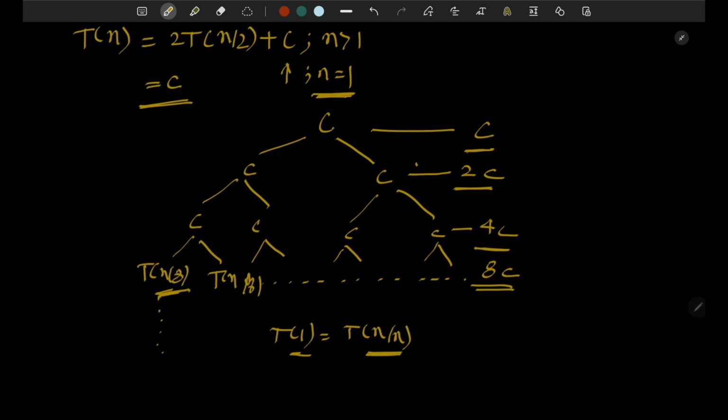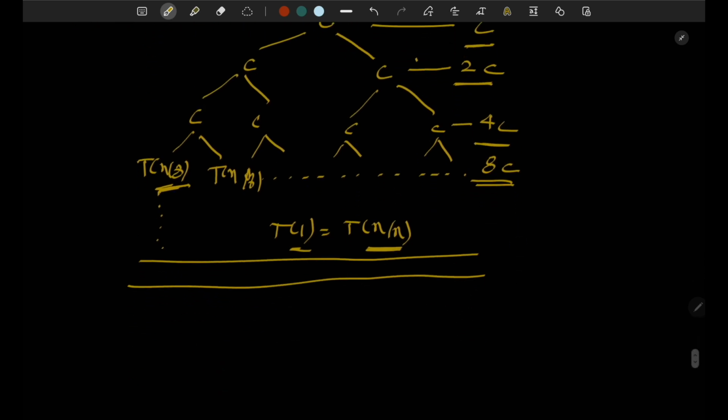And eventually when we have a layer wherein we are getting the task nodes as t of n by n, t of n by n, and so on and so forth, at that level we will be doing nc work, right?